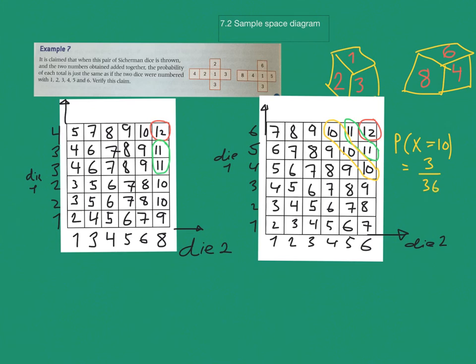And that would be the same for the Sicherman dice, 3 out of 36. If we look at the 9s, we have 4 out of 36, and it's the same for the Sicherman dice. So we could keep going like this, and we would be able to verify that the probabilities for the various outcomes are the same for Sicherman dice as ordinary dice.